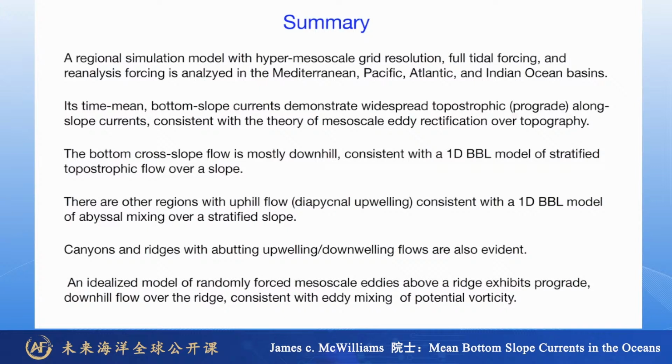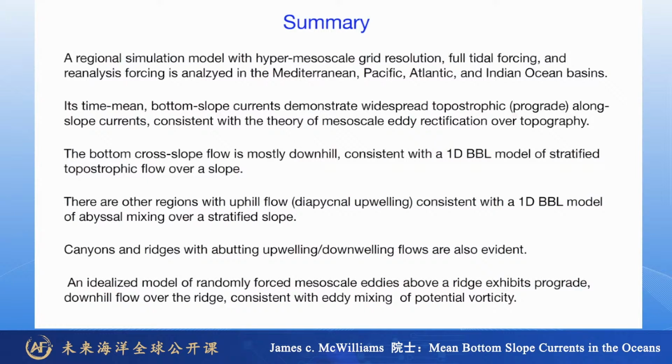Canyons and ridges give a complicated pattern of upwelling and downwelling as the topography goes up and down, into the canyon and over the ridge. They're evident in the complex flow patterns that are in the realistic simulations, although I only showed you the Mediterranean example south of Spain.